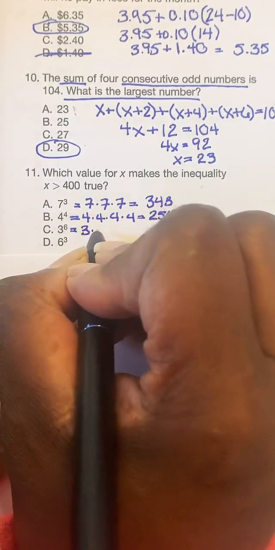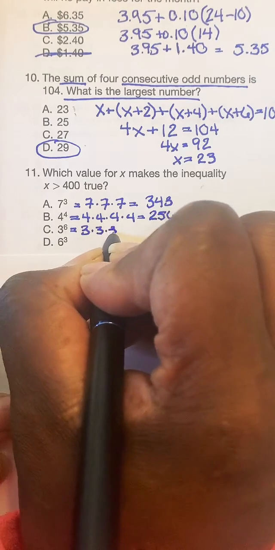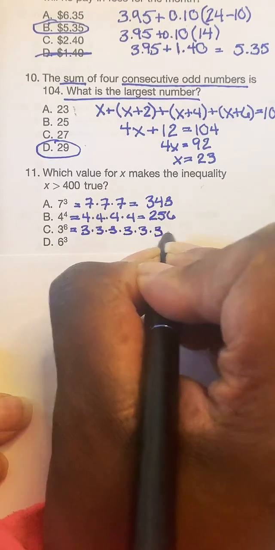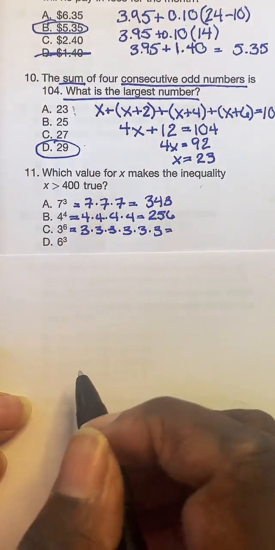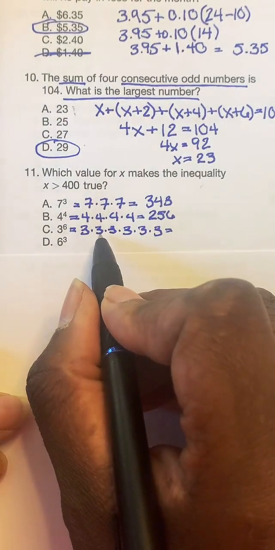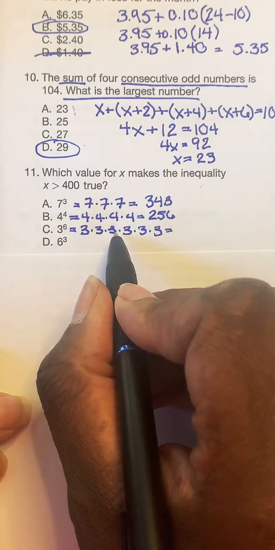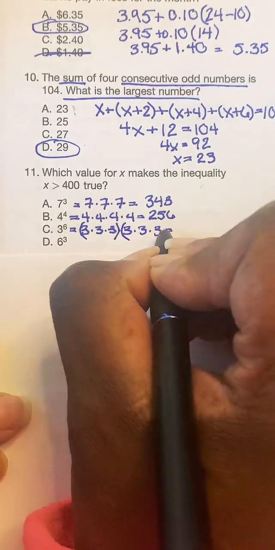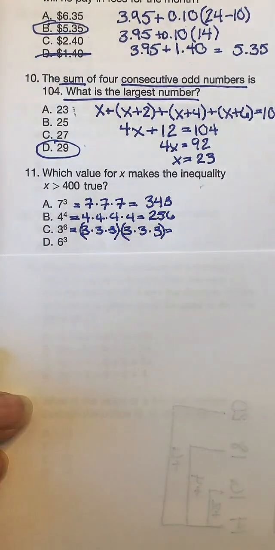C is giving me 3 multiplied by itself 6 times. 3 times 3 is 9, times 3 is 27. So this is 27 and this is 27.